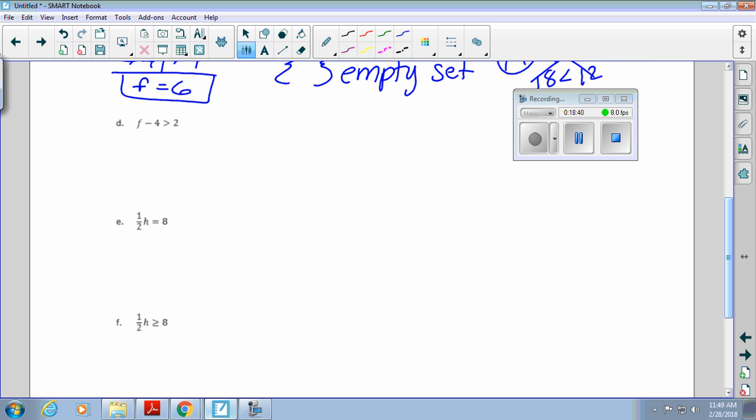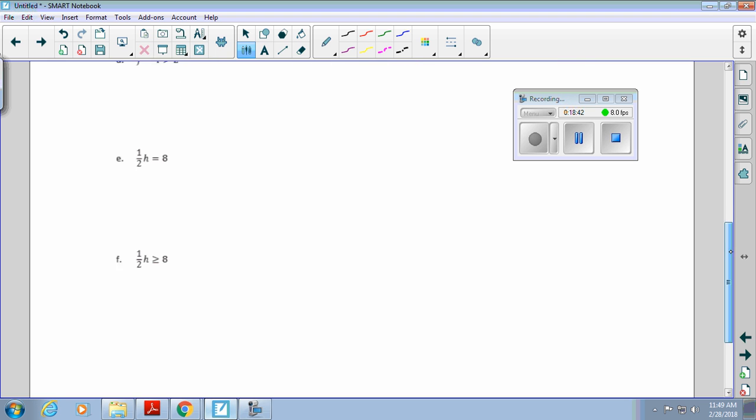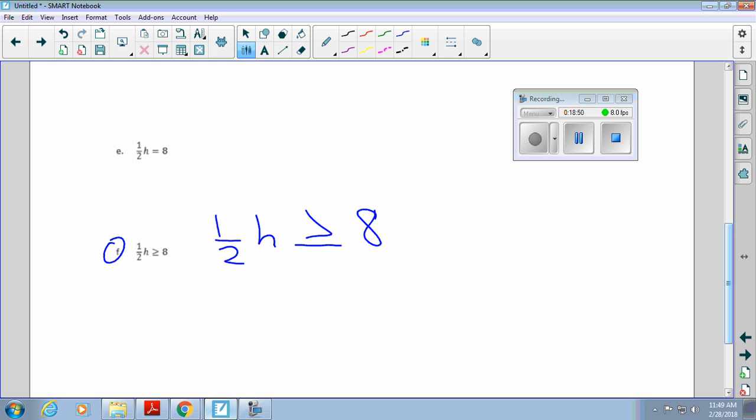Okay? Another example that I'd like to show you is down here. When you have a number that's a fraction, in this case, f we'll look at. We have 1/2 h is greater than or equal to 8. So when we have 1/2, that's like saying h divided by 2. Nope, not divided, it's being multiplied by 0.5. We are dividing by 2, is greater than or equal to 8.